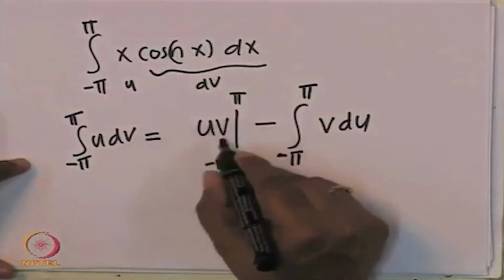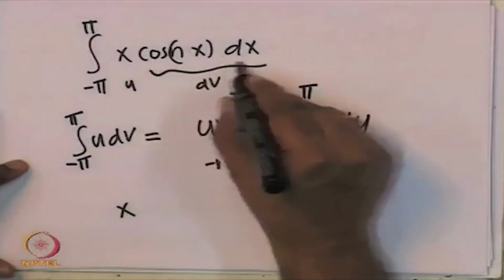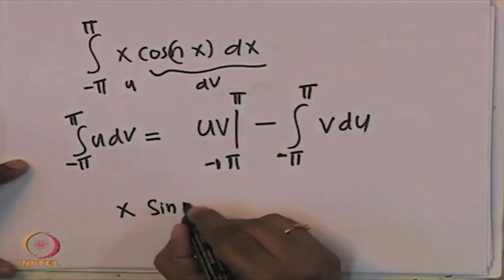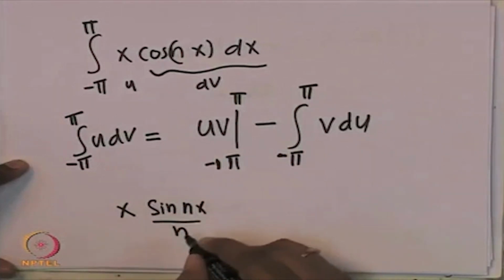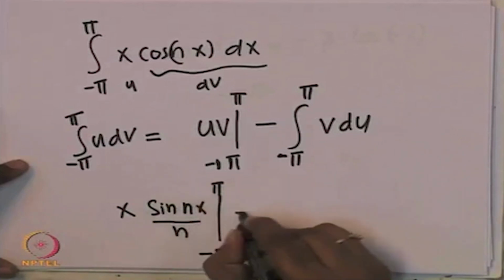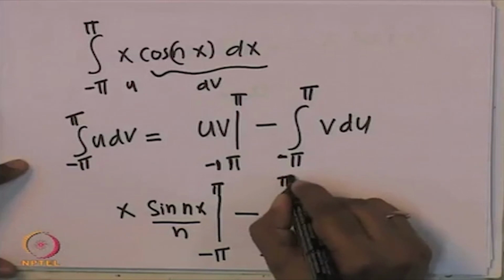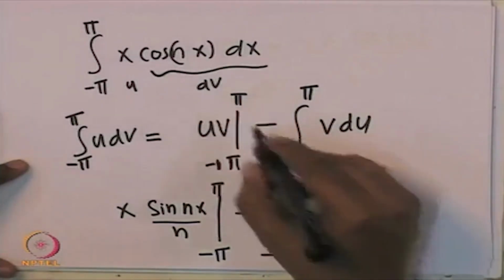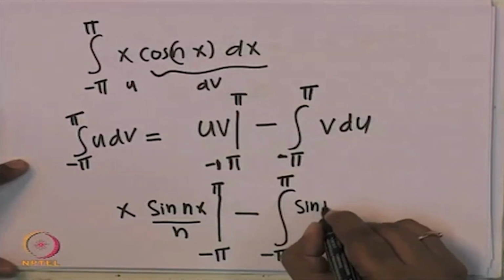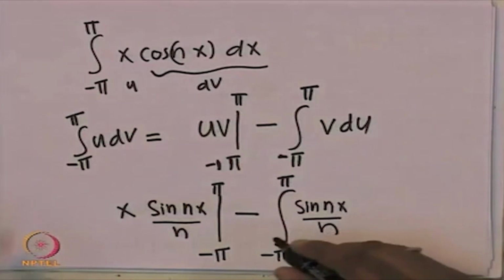So, this is equal to u v in the limits, that is x times the integral of cos n x, which is sin n x by n, in the limits minus pi to plus pi, minus the integral of v du, where v is again sin n x by n and du is 1.